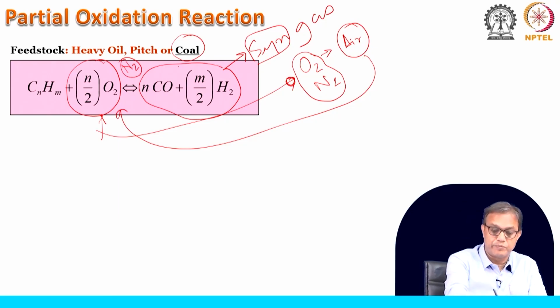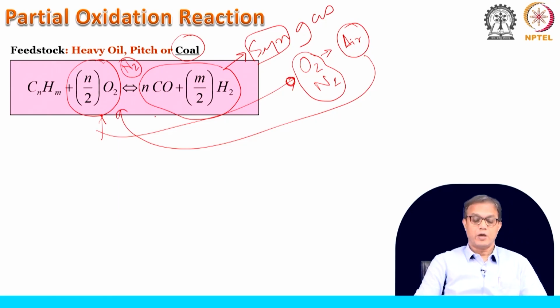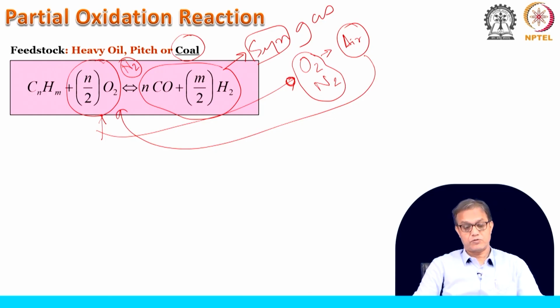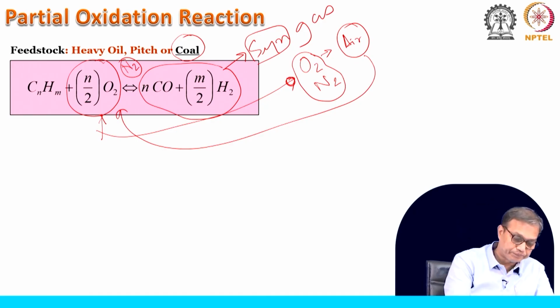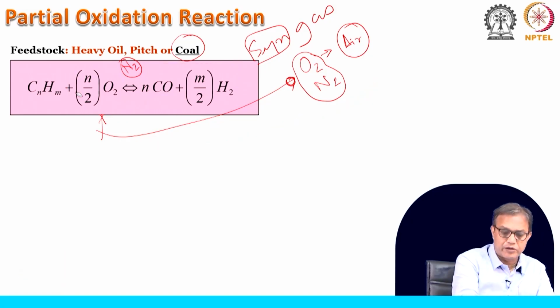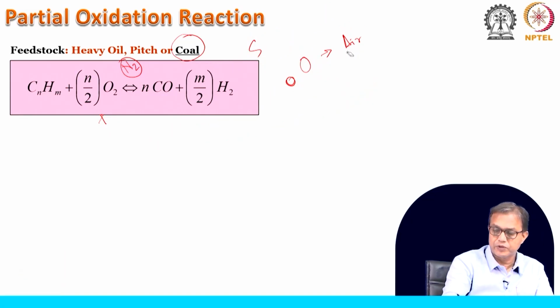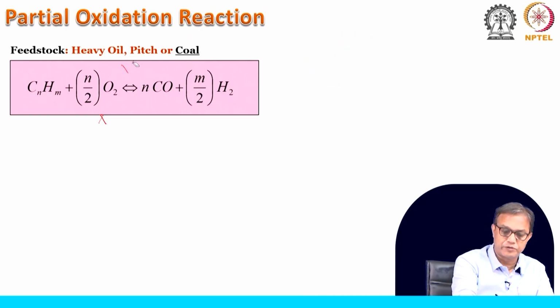Along with the product of CO and H2, you will have this N2 mixed with your final product, and if you need hydrogen, eventually you have to separate the CO, and also separate nitrogen from this process. Okay. So, that is about the primary reaction that is happening with partial oxidation.